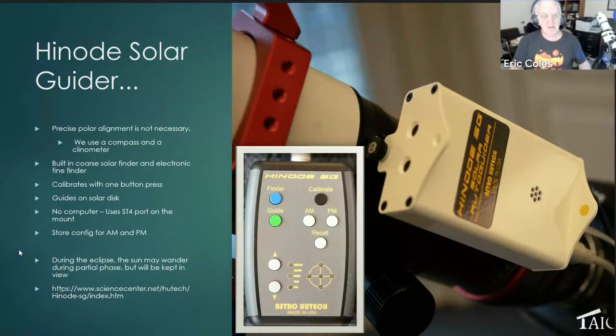And anytime you interrupt the whole process to recenter it, you interrupt the automation. So I came up with all sorts of concocted solutions, like putting another finder in there, which was not good. And the other one, I mounted my solar telescope on top of the telescope. That wasn't good because I'm in the bright sun trying to look at the sun. It was just a mess.